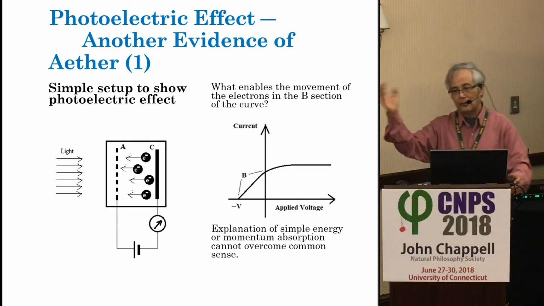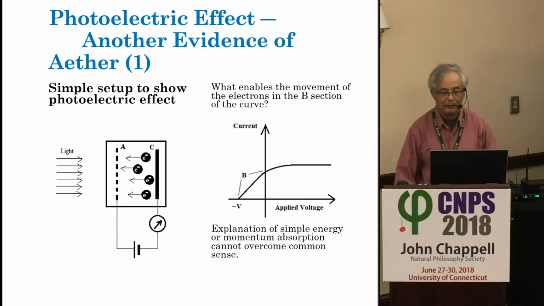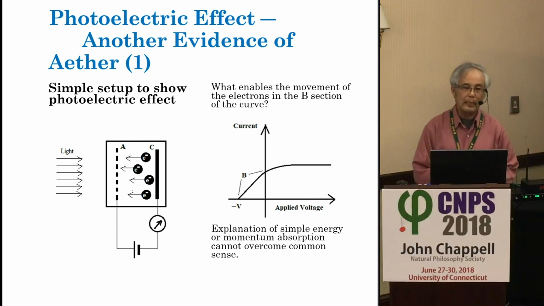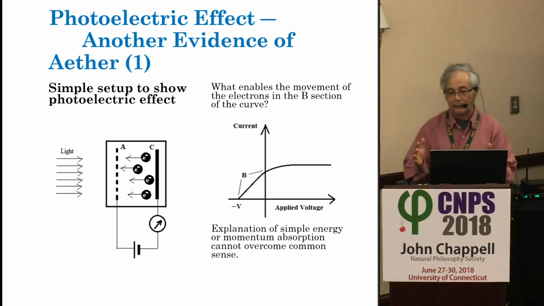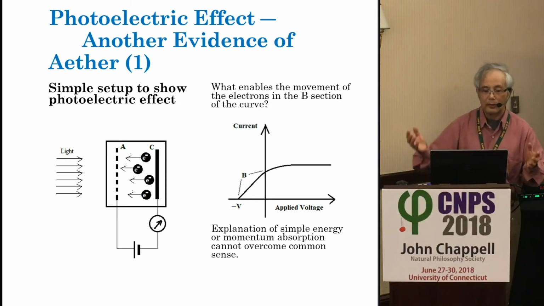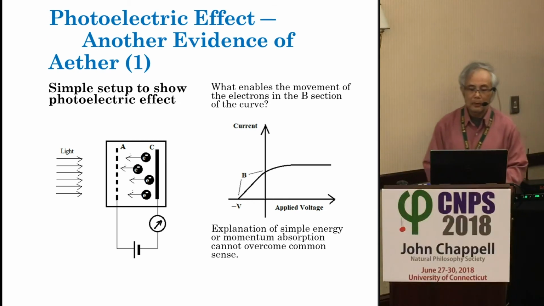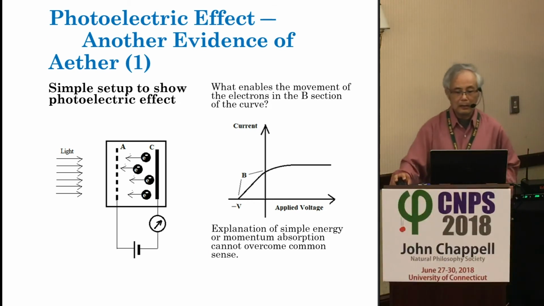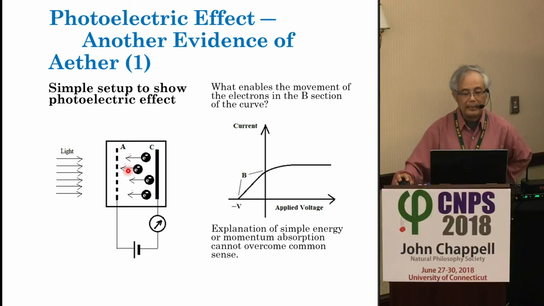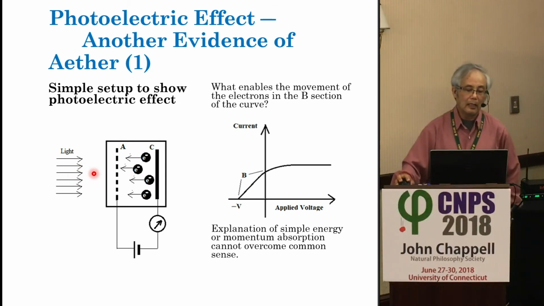So from all the previous analysis, we are going to move to the next concept, the photoelectric effect. I believe this setup is very familiar to everyone. The light comes in this direction, but the electron moves in that direction.